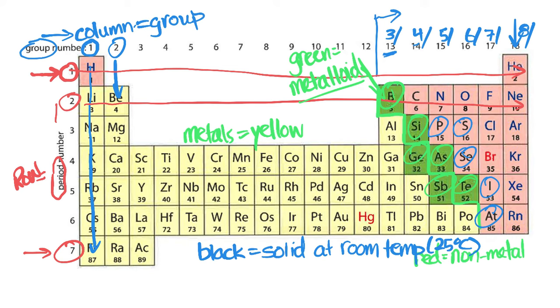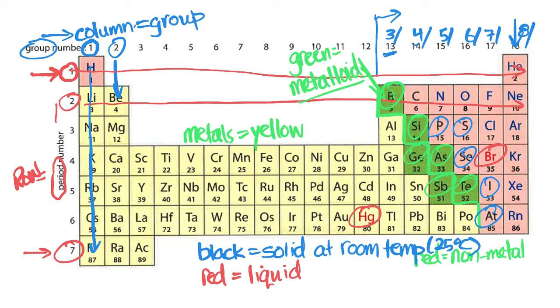All of the elements listed in red, and there are only 2 here, mercury and bromine. So the red ones are liquid at room temperature. So mercury and bromine are both liquids at room temperature.